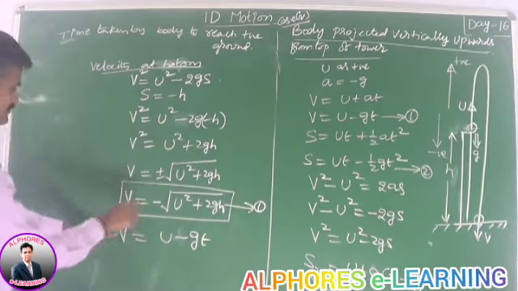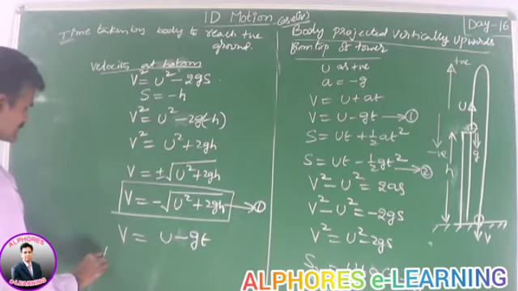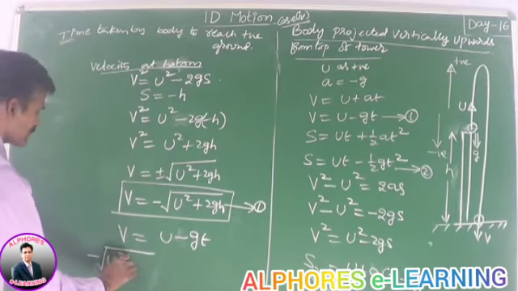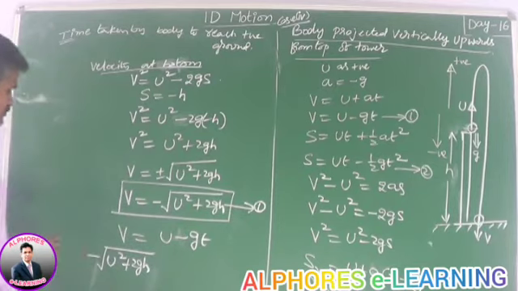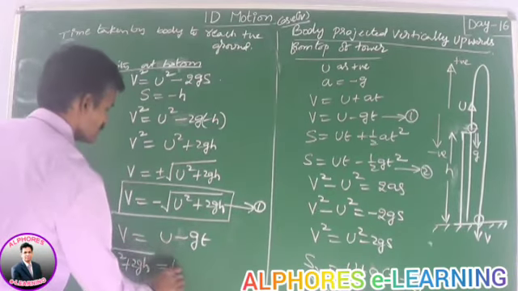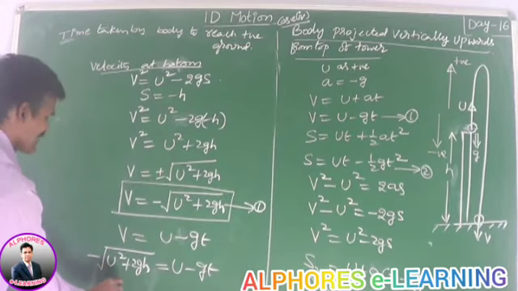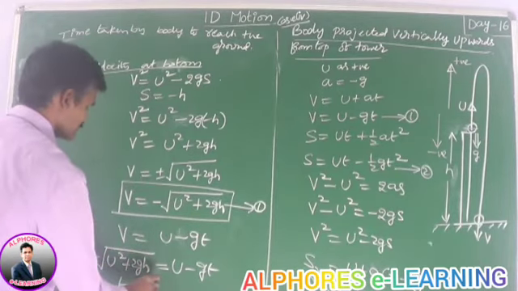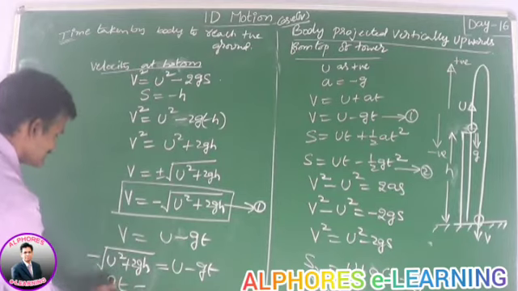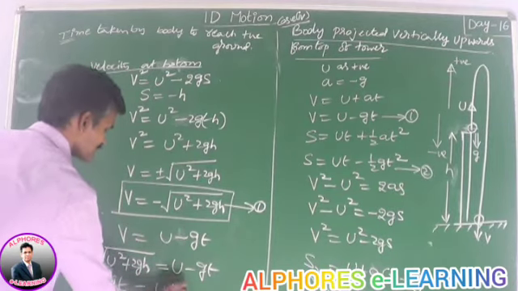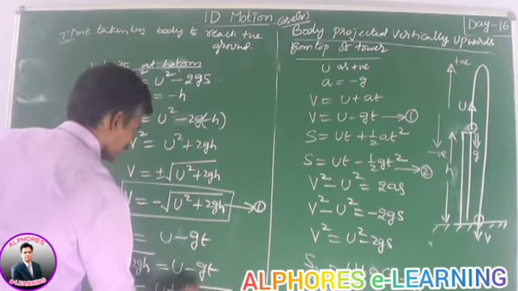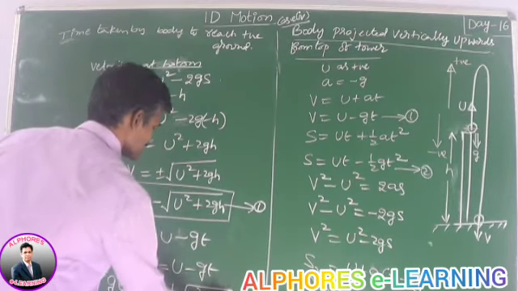So our v is minus under root u square plus 2gh. That is equal to u minus gt. You can calculate this time as gt is equal to u plus under root u square plus 2gh.